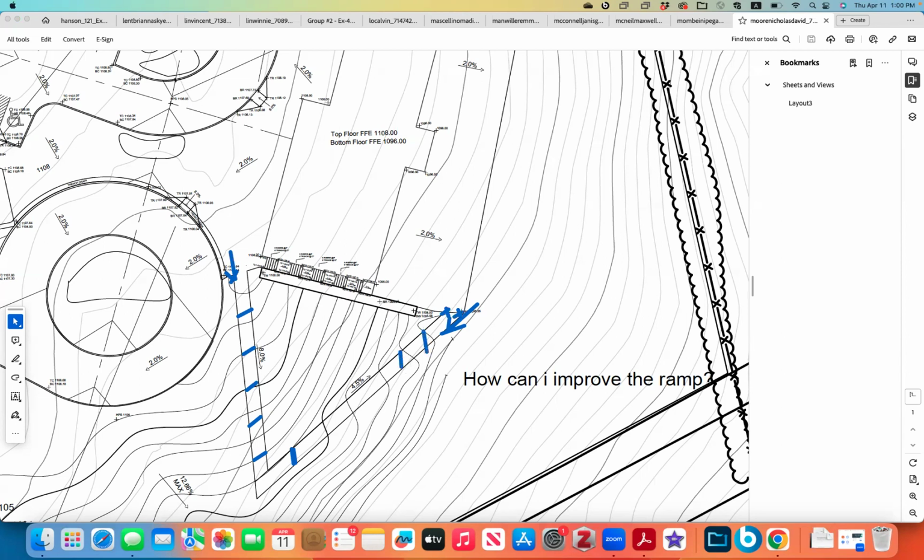Does that make sense? So for instance, if this here is 0.6, you would measure how much? Actually, 8 feet, right? 8 feet is 5%, 8 feet to get to your next contour. If here is 0.2, you would measure how many? 16 feet.